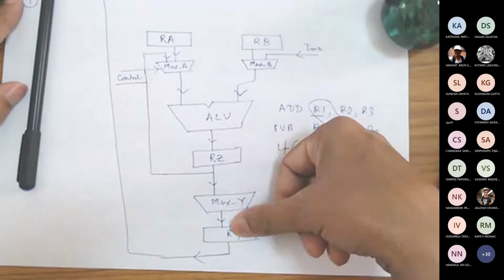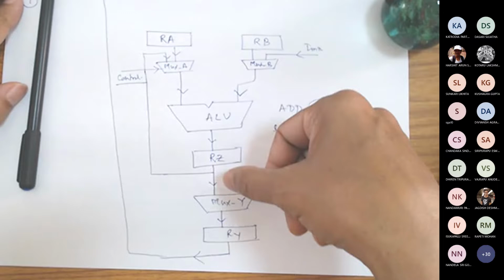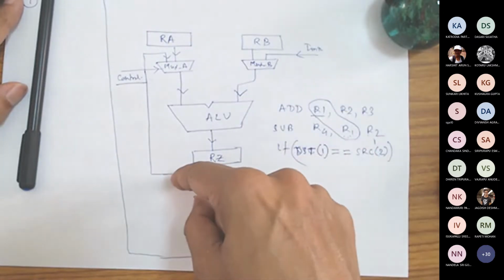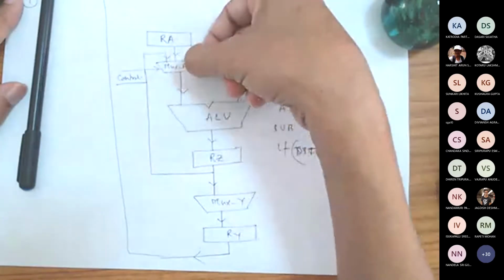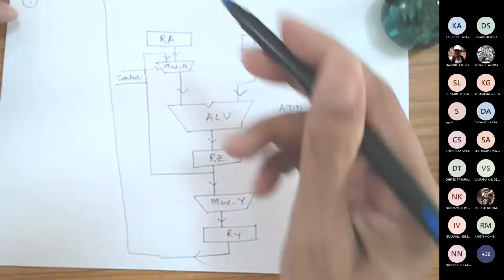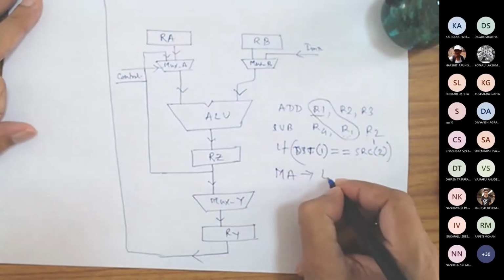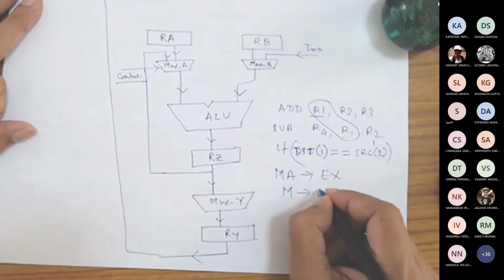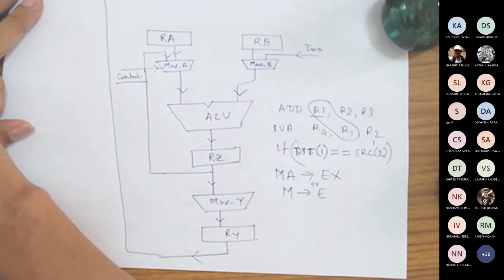That is memory. That's why we are taking the value in between RZ and RY, it is the MA stage. Where we are putting it, in between RA and RZ, it is the execute stage. That's why I wrote it. This forwarding is basically MA to EX. You can write M to E also. Memory to execute stage forwarding.